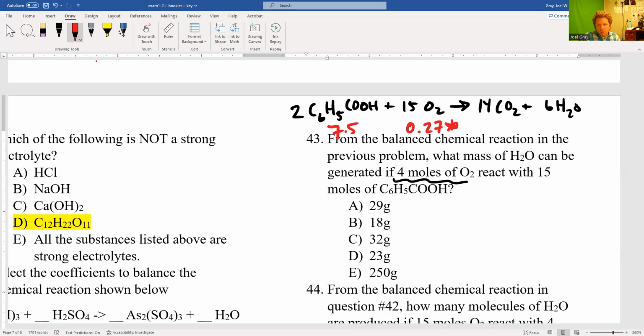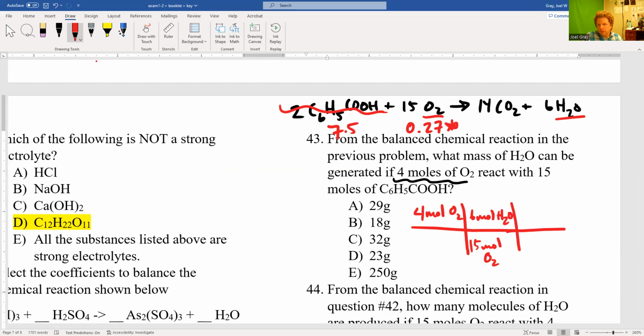Okay, now with that understood, I can say 4 moles of O2. I don't have to worry about the C6H5COOH. Now I can look at my ratio between O2 and H2O and say 15 moles of O2, 6 moles H2O. Now I need to get the mass of H2O, so I'm going to say 1 mole H2O, which has a mass of 18 grams.